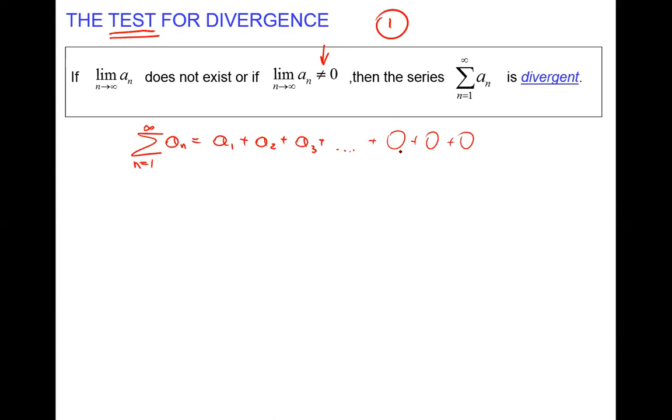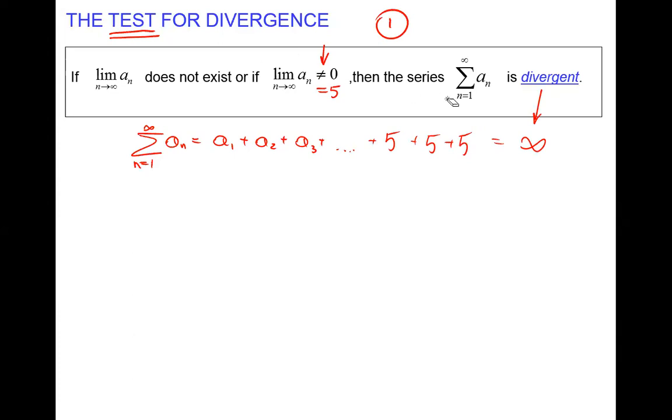Not always, of course, but we know this. If this limit is, as I said before, 5, different than 0, this means that at infinity I will be adding 5 plus 5 plus 5. Of course, it is divergent. Of course, I'm creating a huge number.